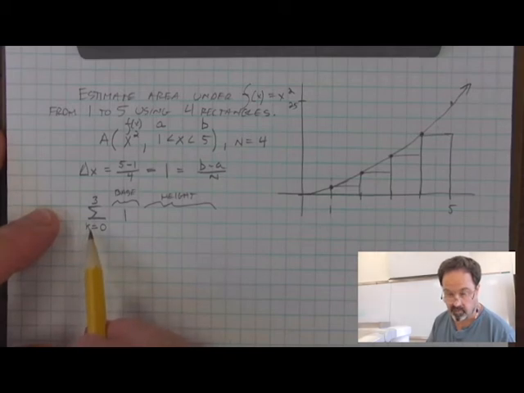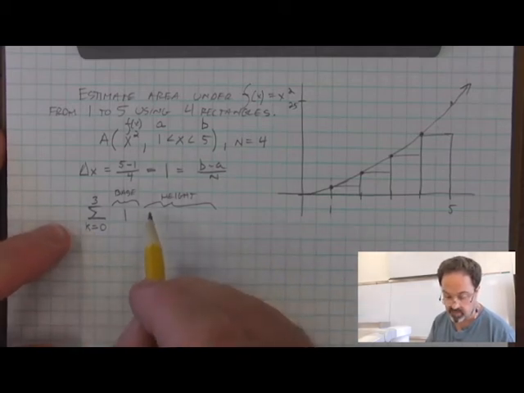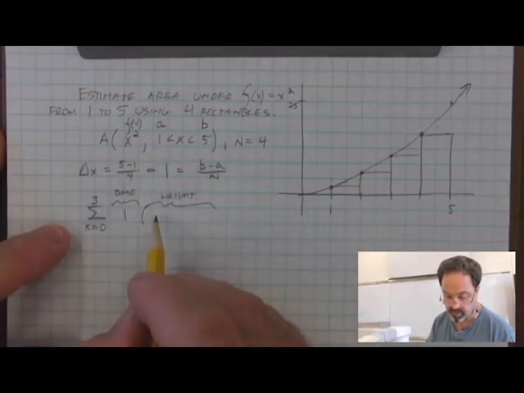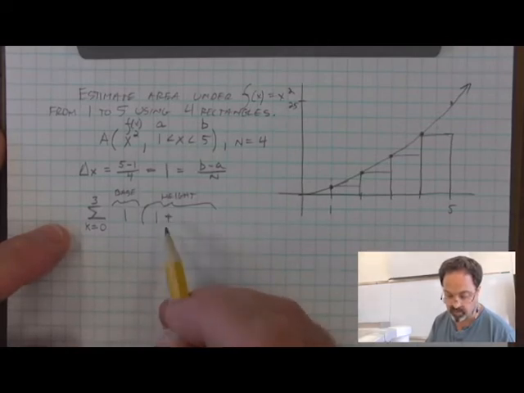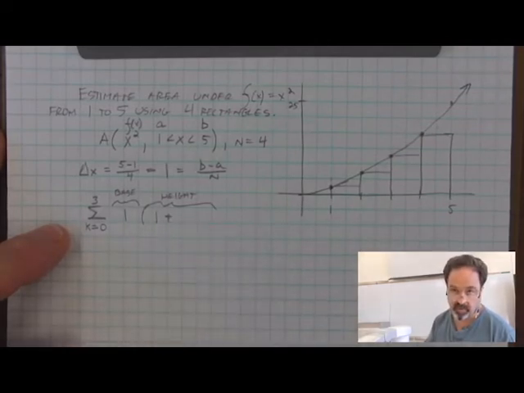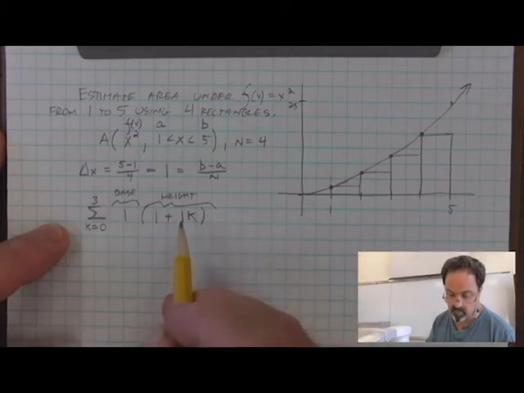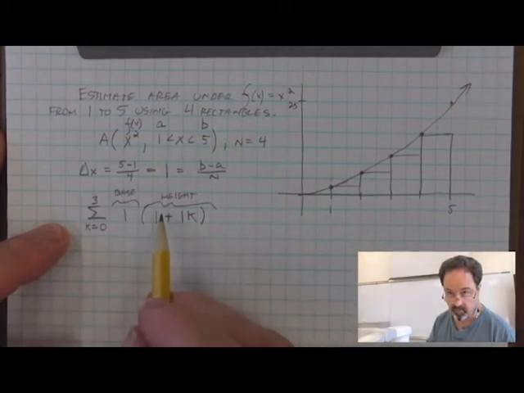And the k values are integers that begin with the first value at the location a, or in this case 1, and then increase by delta x's for every value of k. Or that is delta x, which is 1, times k. This is the new input for our function, and our function is squaring.